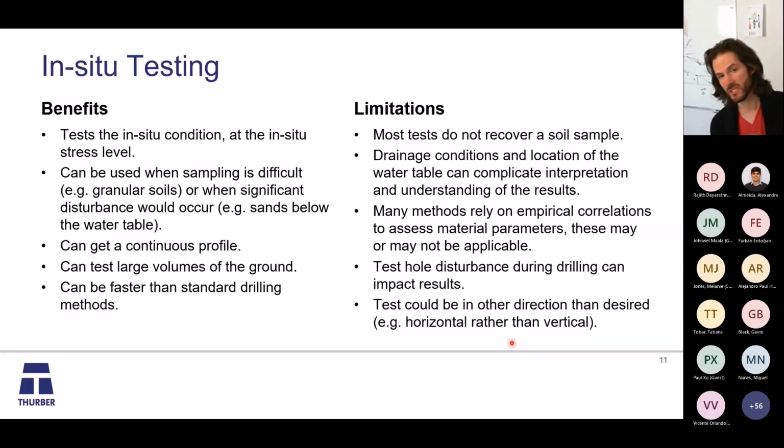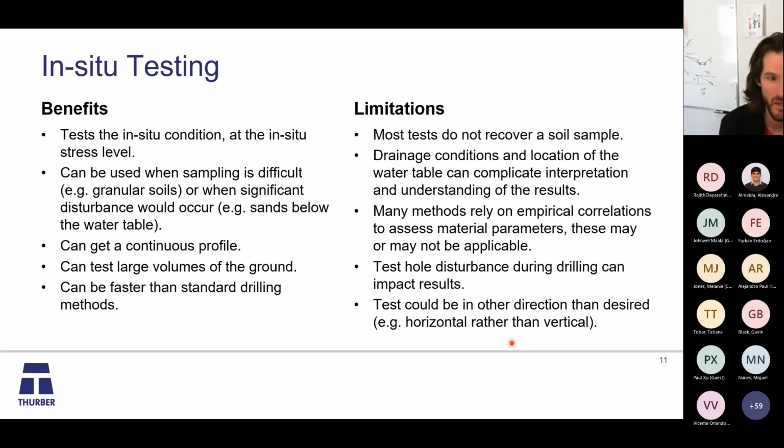On the limitation side, a lot of the tests don't recover any soil samples. So we have no idea what material we just tested. We're hoping that the borehole we drill adjacent to it will tell us what was there. Maybe, maybe not. The drainage conditions and the location of the water table can complicate the interpretation and understanding of the results.